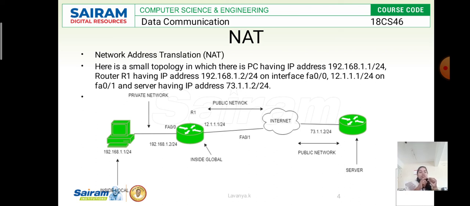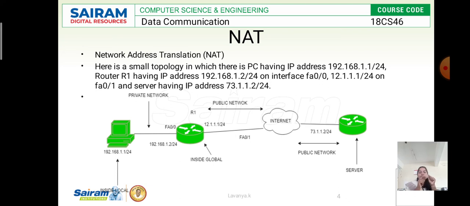The global IP address is the public IP address, and the local IP address is the private IP address. Whenever a packet travels from the outside of the network into the local network, the global IP address is converted to the local IP address.